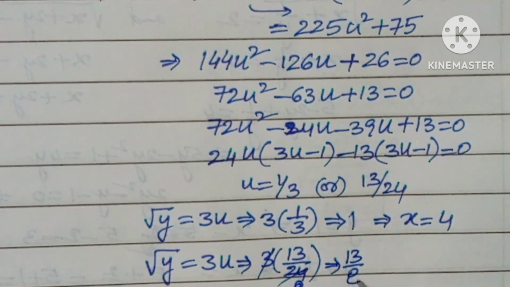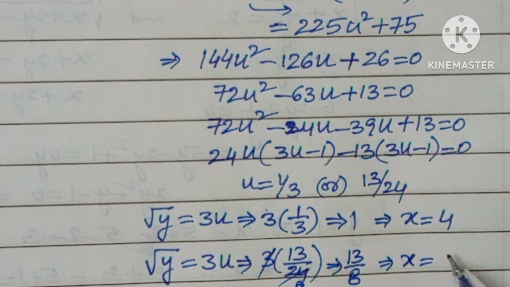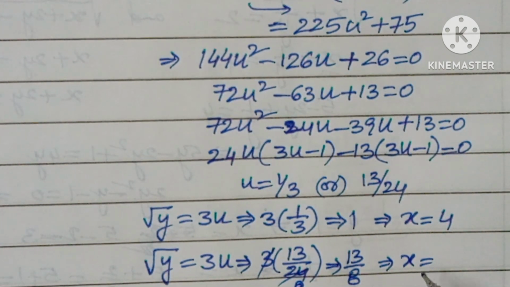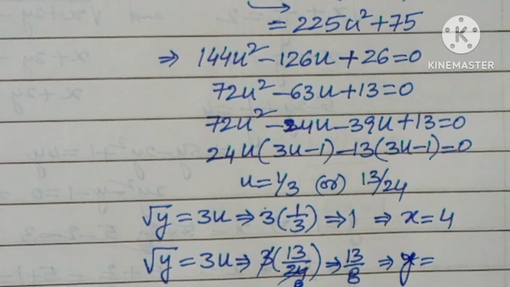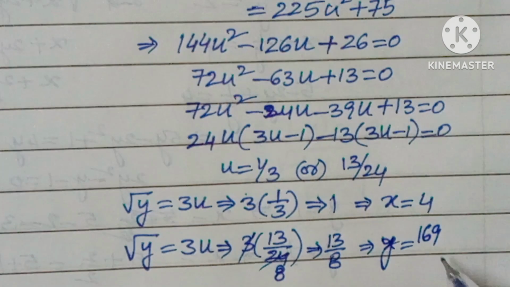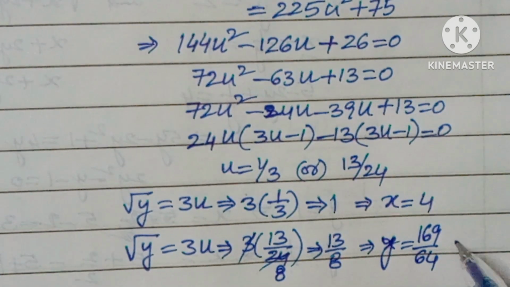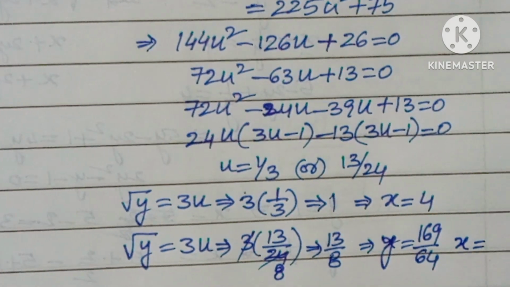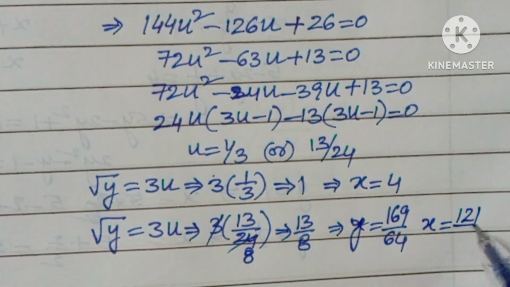The y value is the square of this, 169 by 64. Then x value will be 121 by 64.